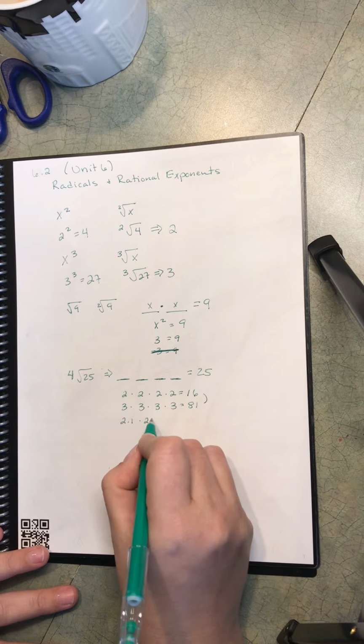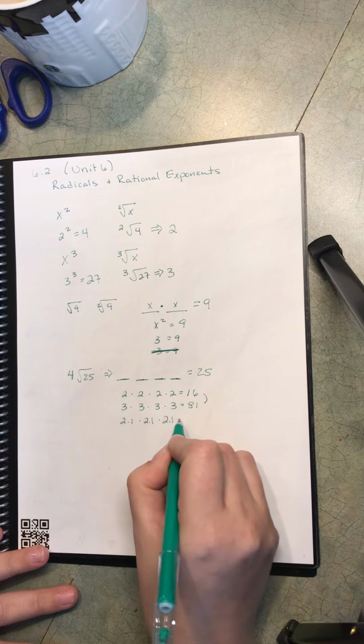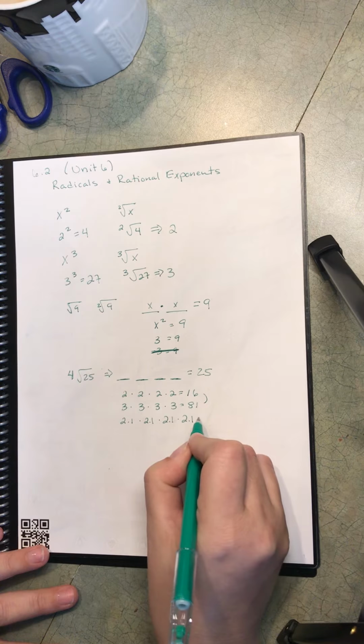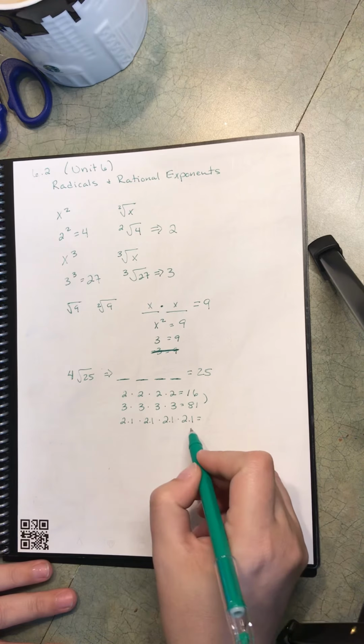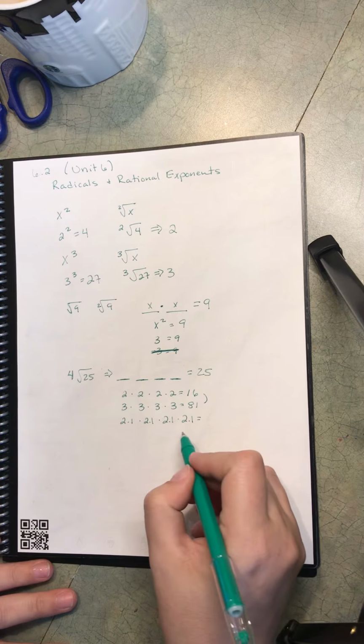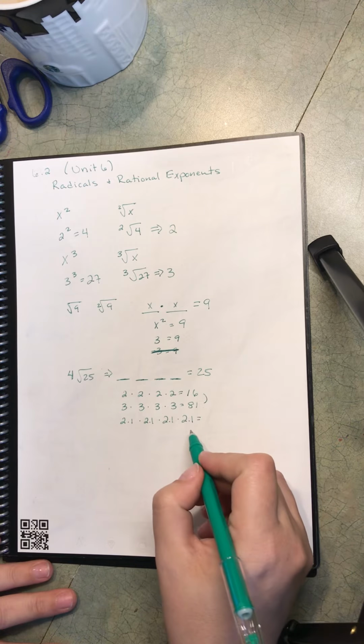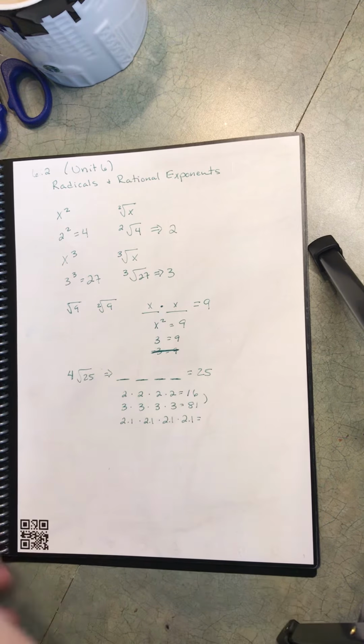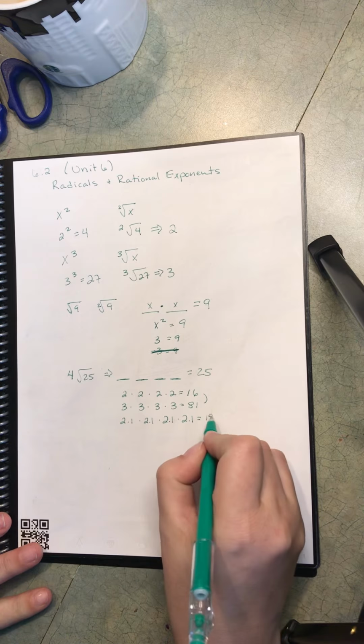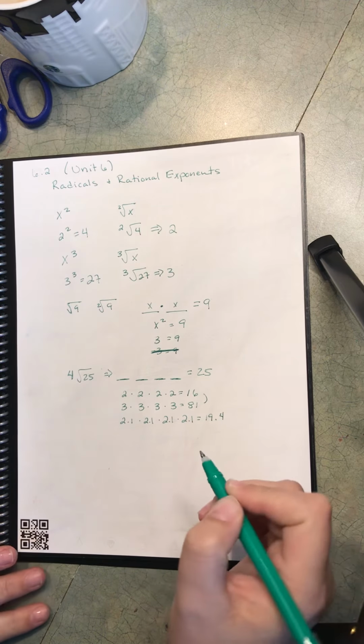2.1 times 2.1 times 2.1 times 2.1 is about 16? I can't do that in my head. What is 2.1 to the 4th power? This is 19.4.